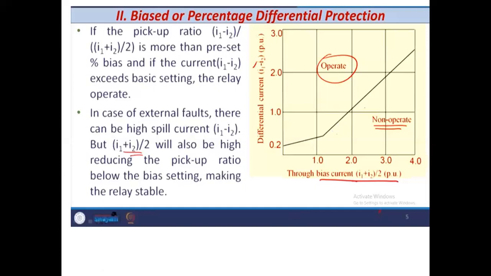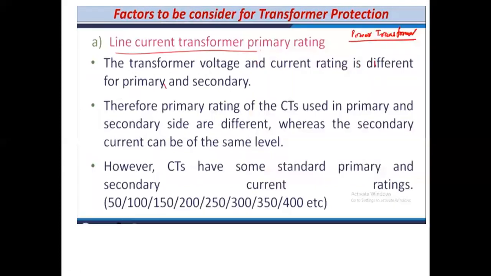Before we apply this biased differential relay or any type of differential protection scheme to the power transformer we are talking about, there are a few points we need to consider. The first point is the line charging transformer primary rating. We know that the transformer voltage and current ratings are entirely different.